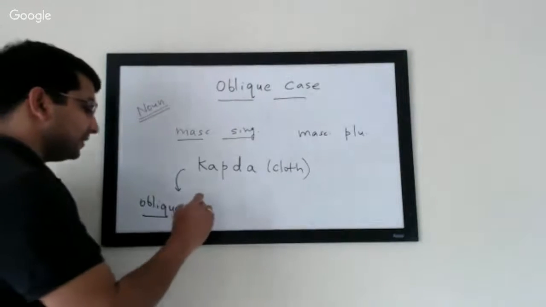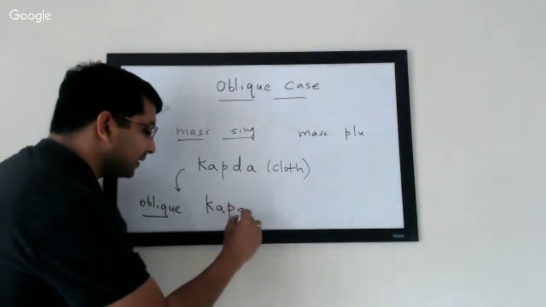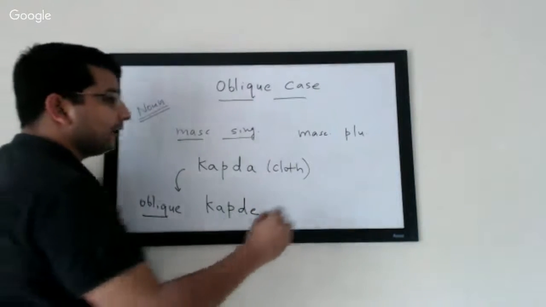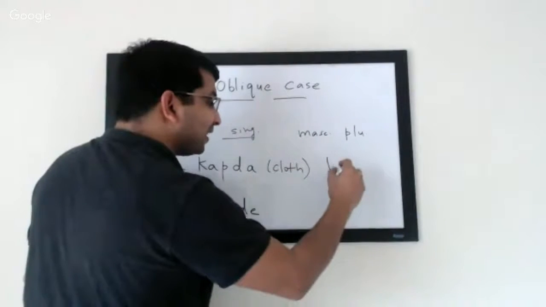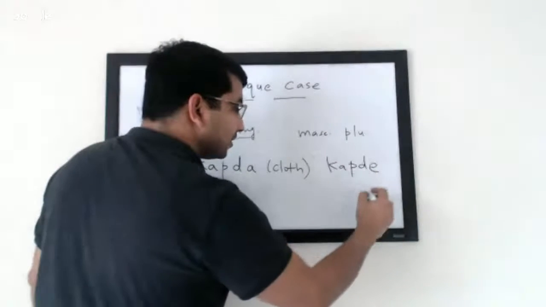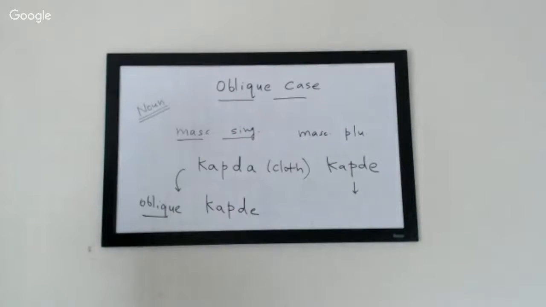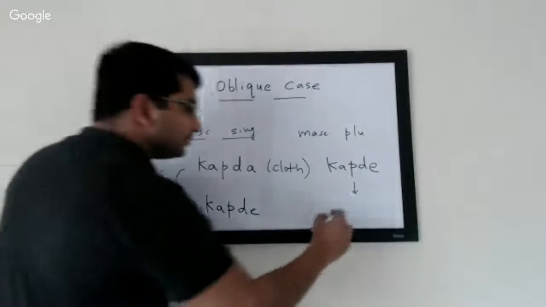So the oblique case of kapda is kapde. Now the plural of kapda apparently is also kapde, which is like many clothes. But now the oblique case of kapde is, very good, right? Kapdo.